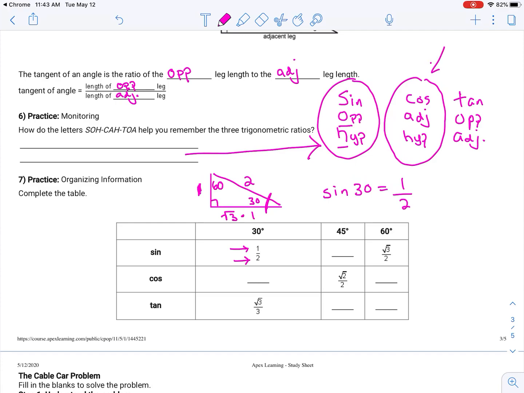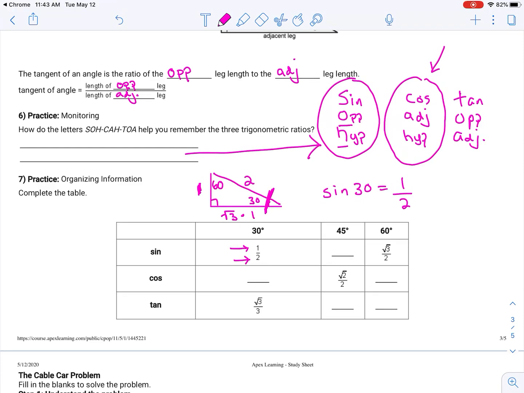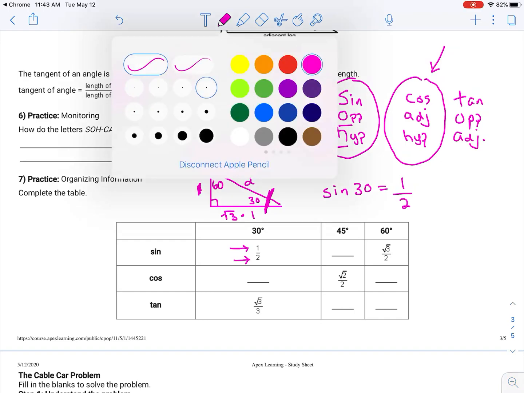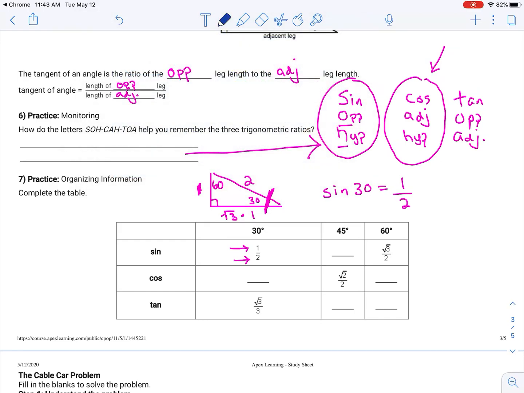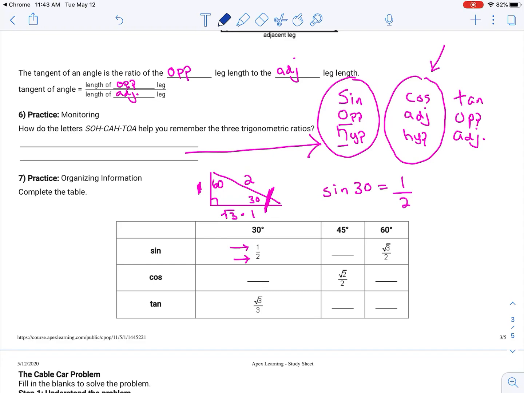So cosine is adjacent over hypotenuse. So I look at my little 30-degree angle, I'm like, okay, adjacent. What's adjacent to the 30-degree angle? Well, we talked about how adjacent means next to. So there's two things that are next to the 30-degree angle. There's the 2, and then there's the square root of 3.